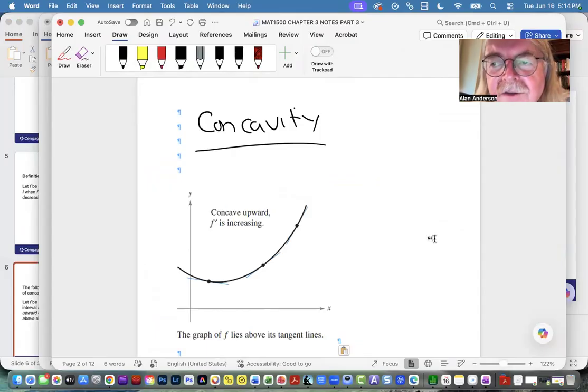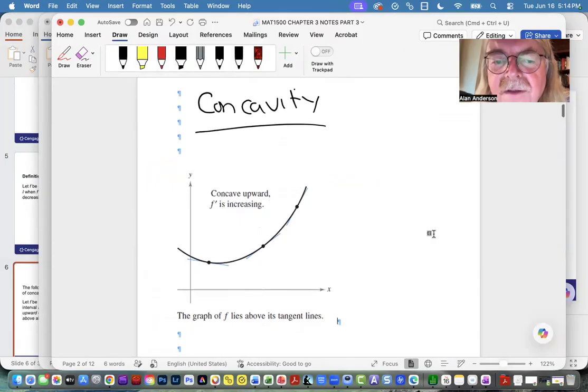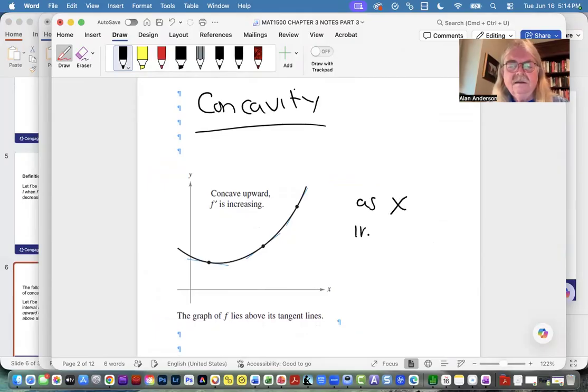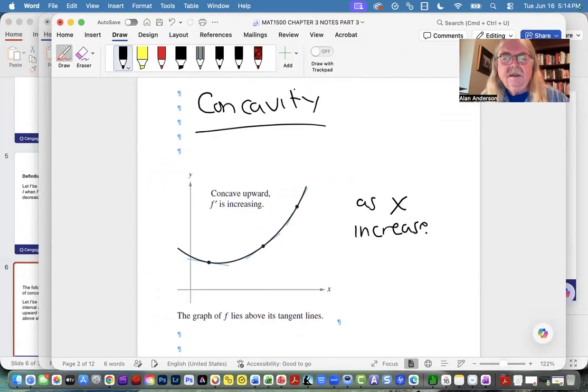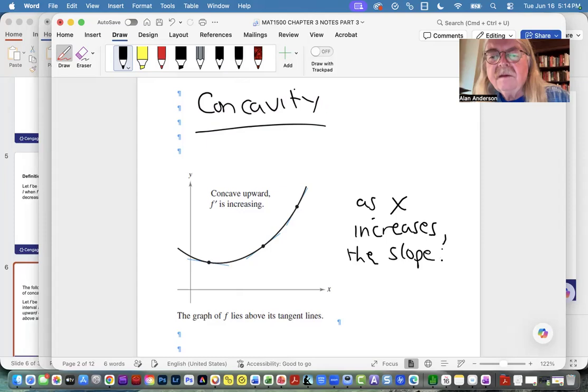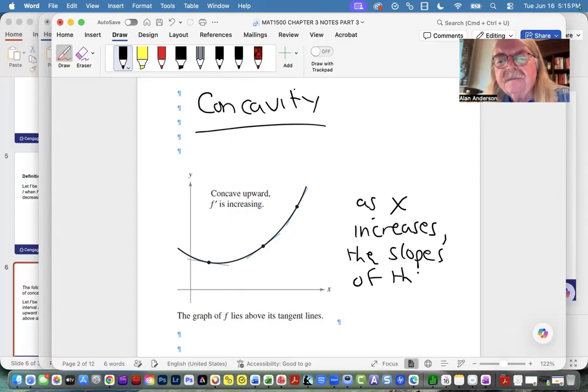If you look at those tangent lines, they put those little blue tangent lines there. A couple of things to notice. As we increase x, the slopes are increasing. In the beginning, this one on the far left is slightly negative, and then it jumps up to positive, and then it's more positive. So as x increases, the slopes of the tangent lines are increasing.